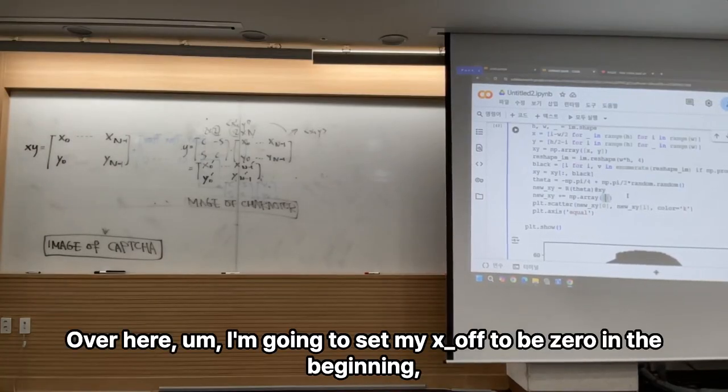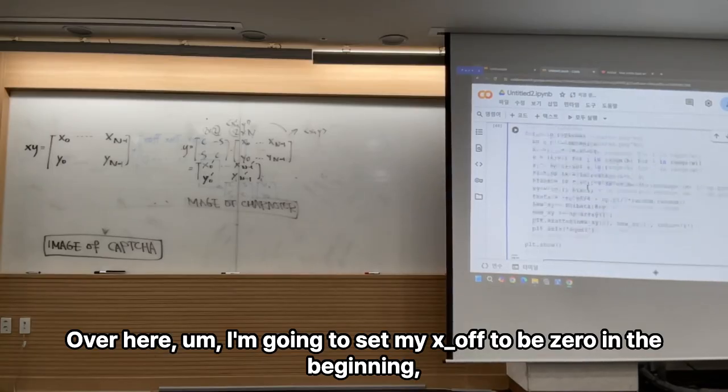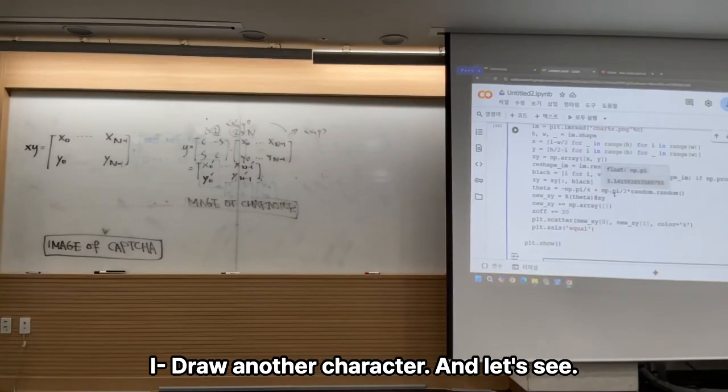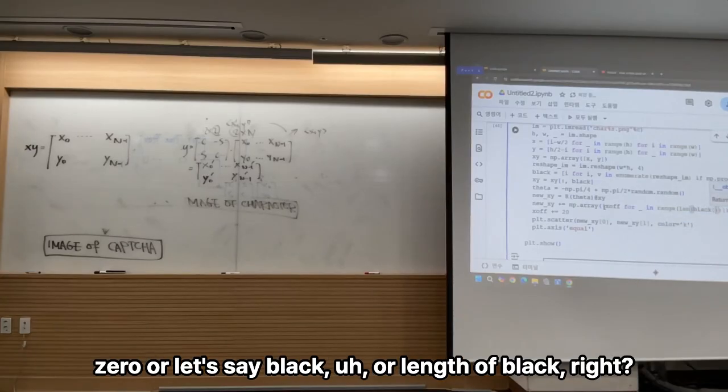So here, I'm going to set my x off to be 0 in the beginning. And I'm going to increase my x off by maybe 20 every time I draw another character. And let's see, x off for i in the range of the length of black.